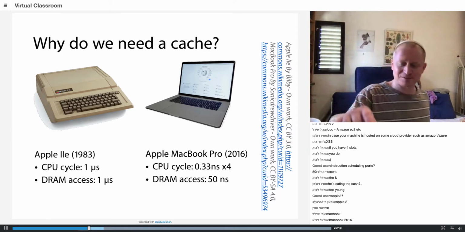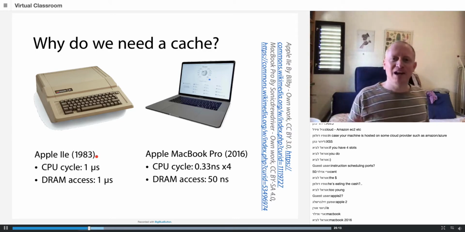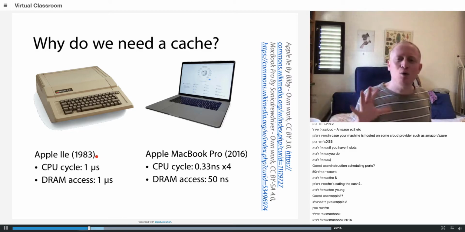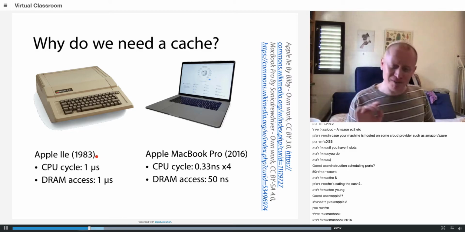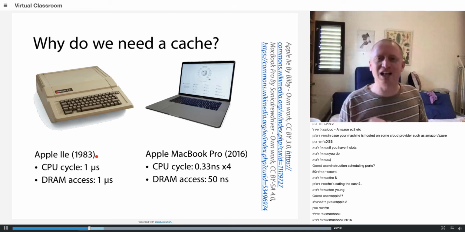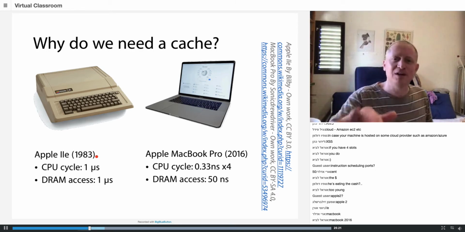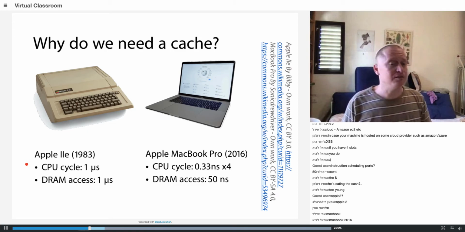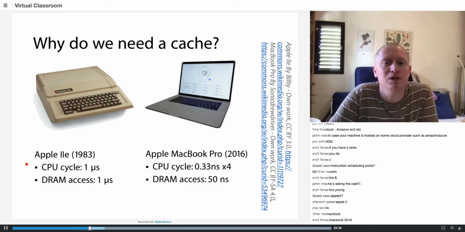Okay. So the Apple IIe had an approximately 1 megahertz clock. Very interesting what exactly was going on there. I'm not going to go into it, but it executed 1 million instructions per second. So its cycle time was 1 microsecond, one millionth of a second. And it also had memory.